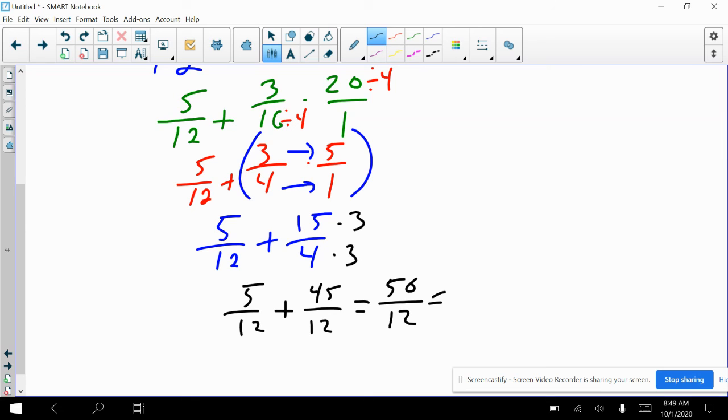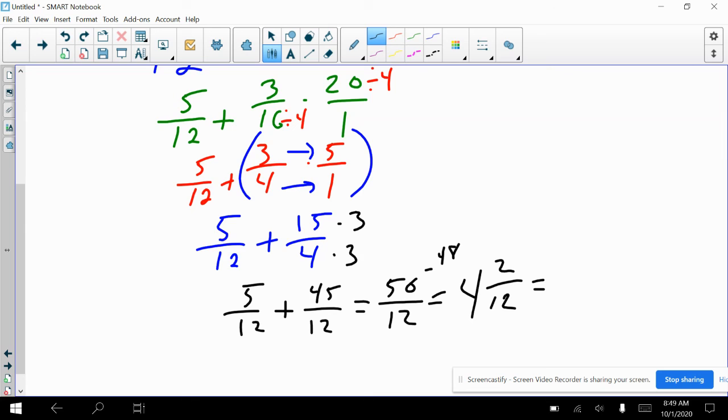That's an improper fraction. How many 12s go into 50 without going over? This is where you've got to know your facts. 4. That would be 48. 50 minus 48 gives me 2. And I bring over my common denominator. Am I done yet? No. This is where you have to look at your fraction.